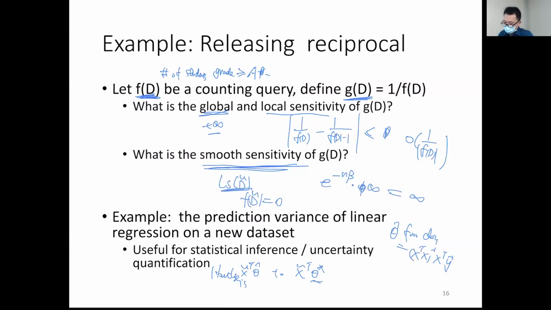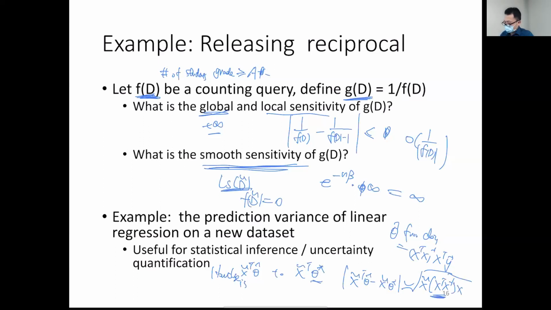The standard deviation of the difference of these two is proportional to the square root of x tilde transpose x transpose x inverse x tilde, right?